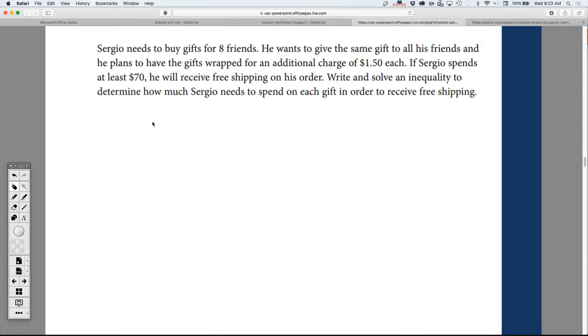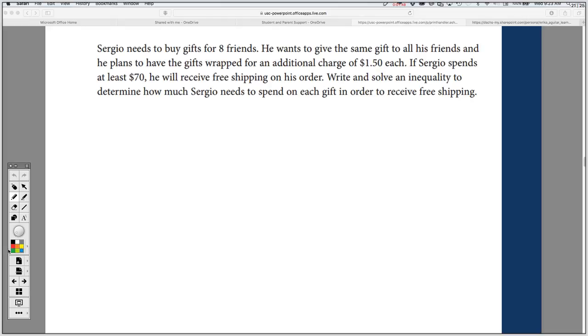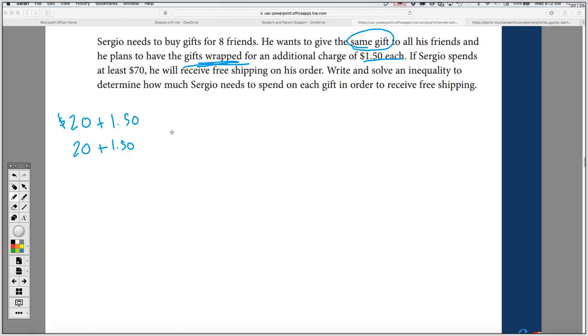All right, solved for this problem. Let me go back to that previous slide. So they had 20 plus $1.50, 20 plus $1.50, and I could just keep on doing this. What's an easier way to write this? What if I knew it was 8 friends? So I'm buying this 8 times. So how could I write this?